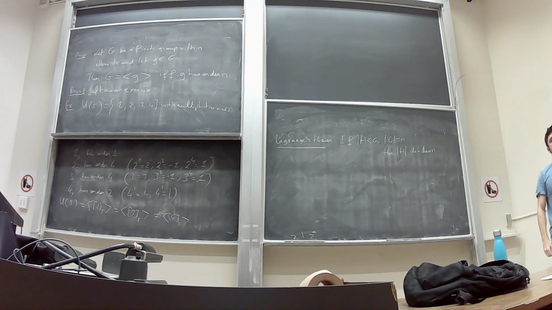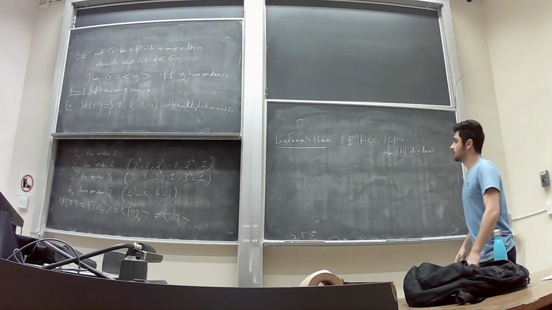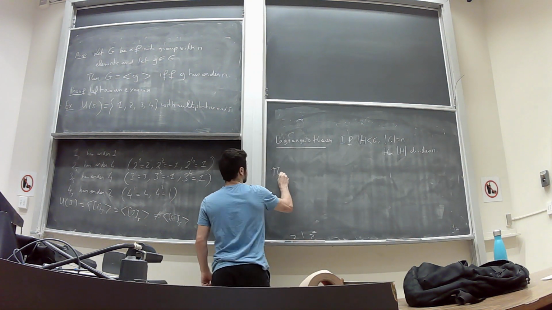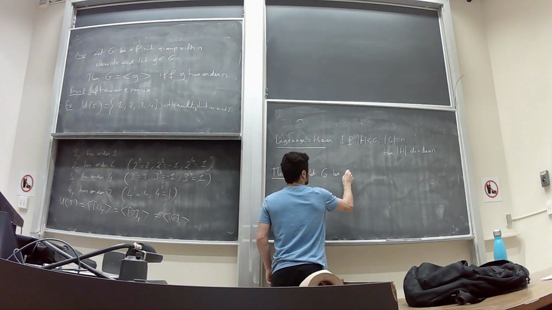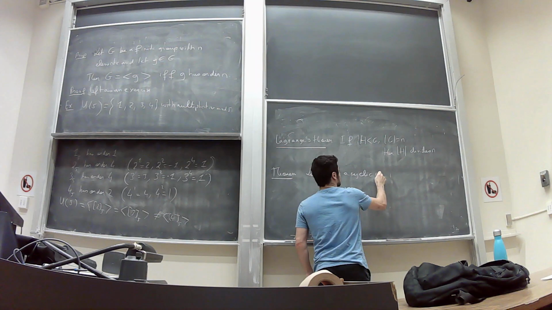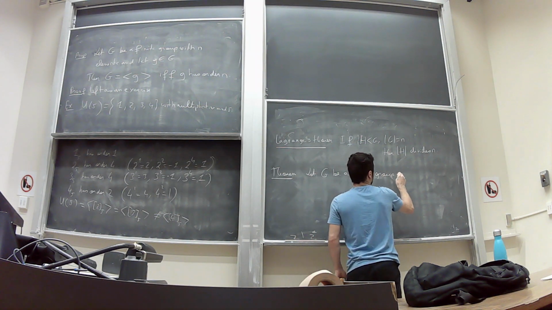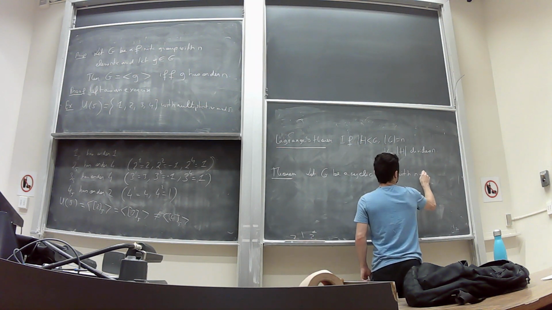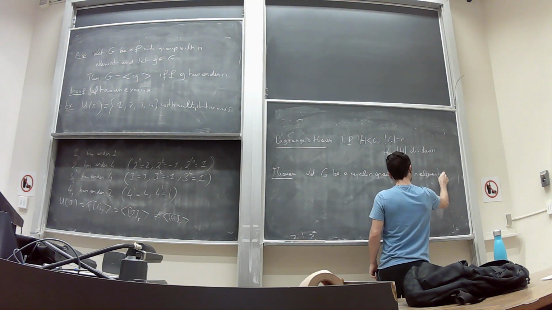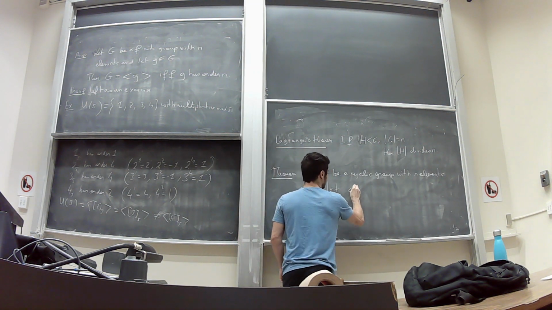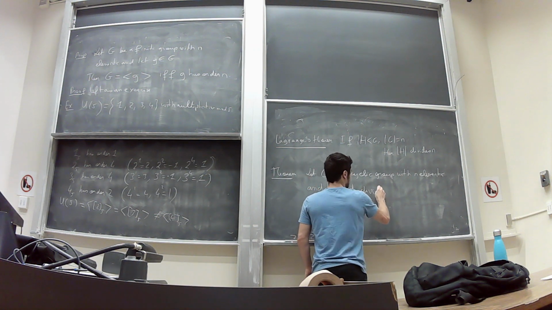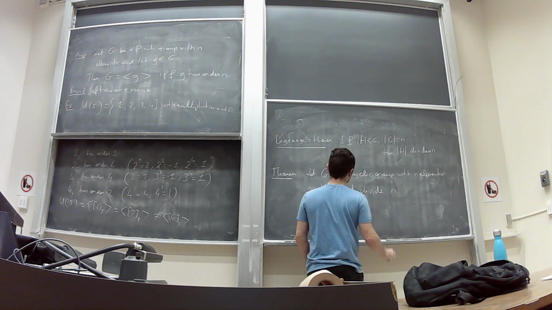Now for cyclic groups, it turns out that the converse is also true. Theorem: let G be a cyclic group with n elements, and let d divide n.